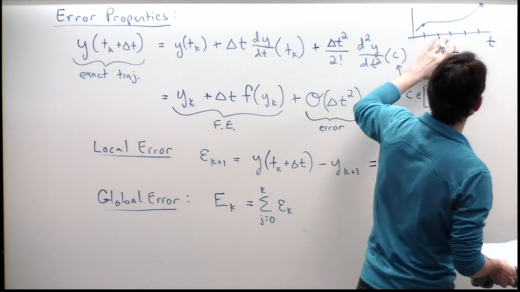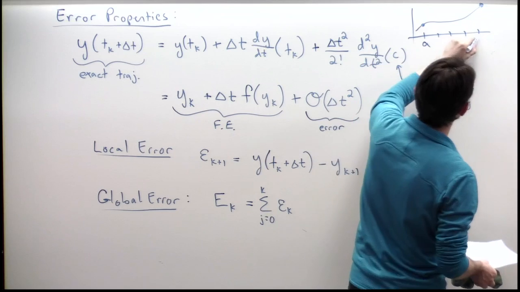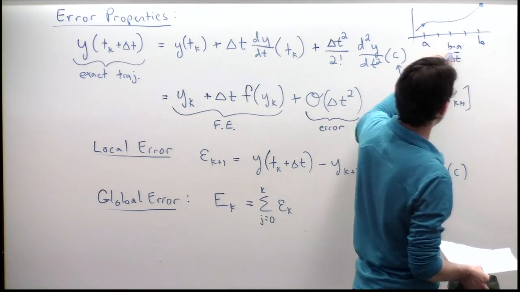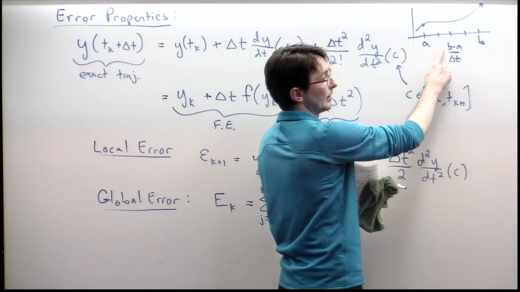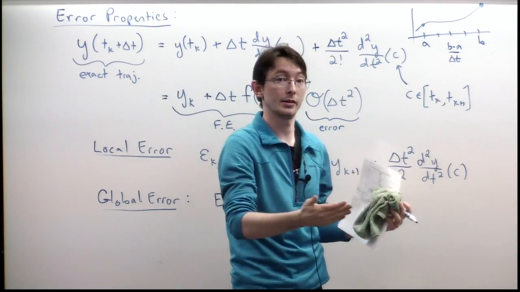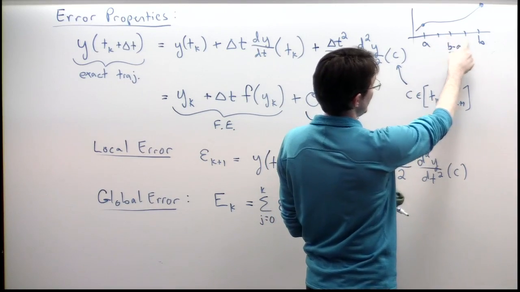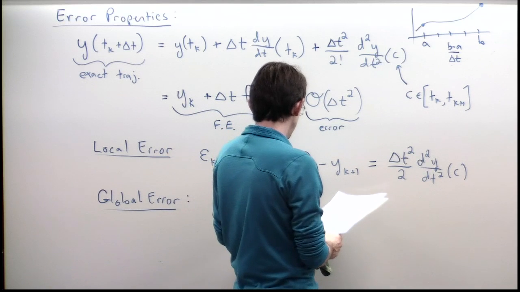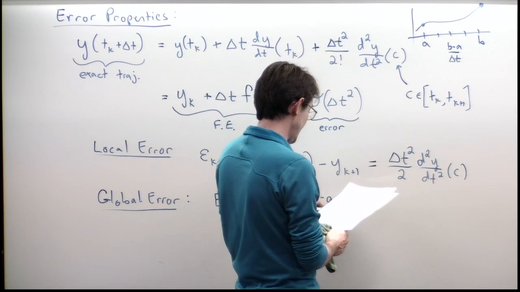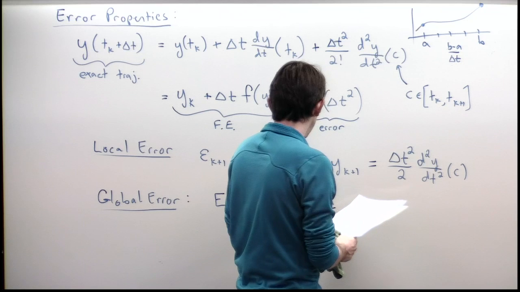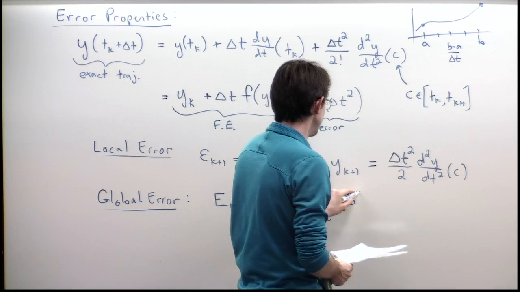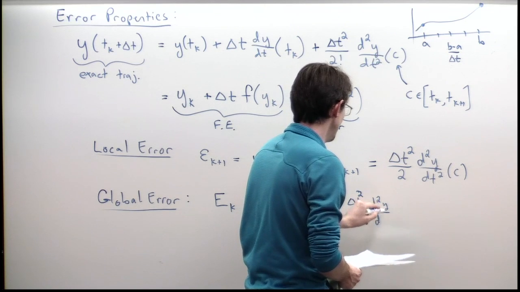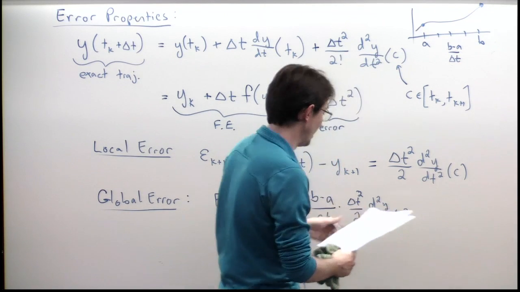Maybe instead of t here, we can just call this from point A to B. So then my time is b minus a, and I'm taking (b minus a) over delta t number of steps. In this case, I take 1, 2, 3, 4 steps to get from A to B. So this is equal to (b minus a) over delta t times delta t squared over 2 times d squared y dt squared at some constant.